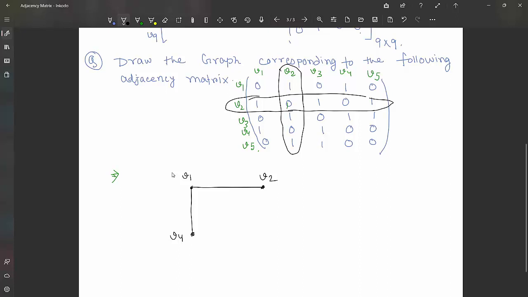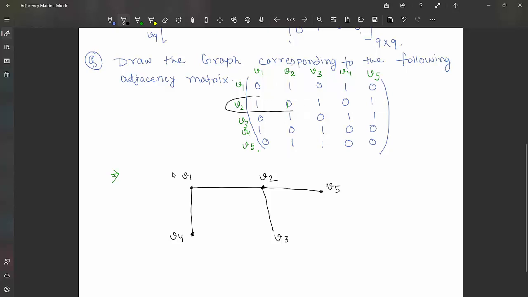V2 is adjacent to V1, it is already over. Then V2 is adjacent to V3 and V5. So again take these two adjacencies: take this as V3 and take this as V5. So V2 is adjacent to V1, V3 and V5.